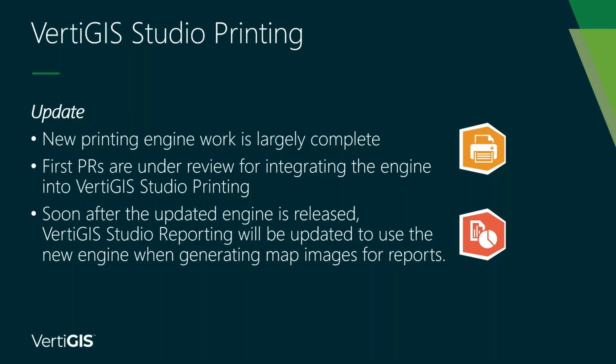Our first PRs or pull requests, if you're a developer, are now under review. So the integration work of bringing that engine back into VertiGIS Studio Printing has begun. It's going to take a little bit of time, but nevertheless, rest assured, there is movement here and we are making progress. So for us, that was a big milestone for beginning that integration work.